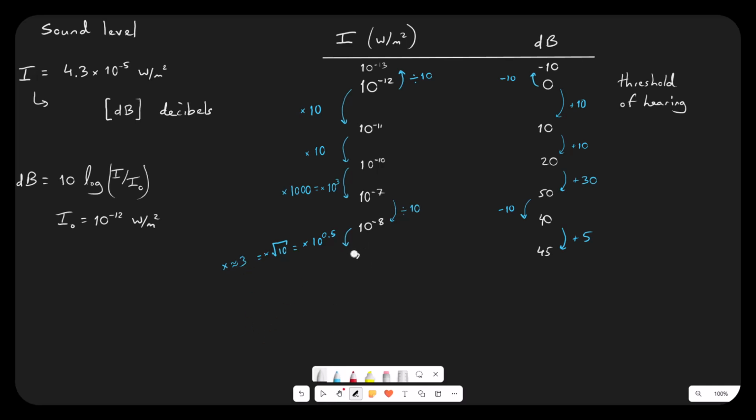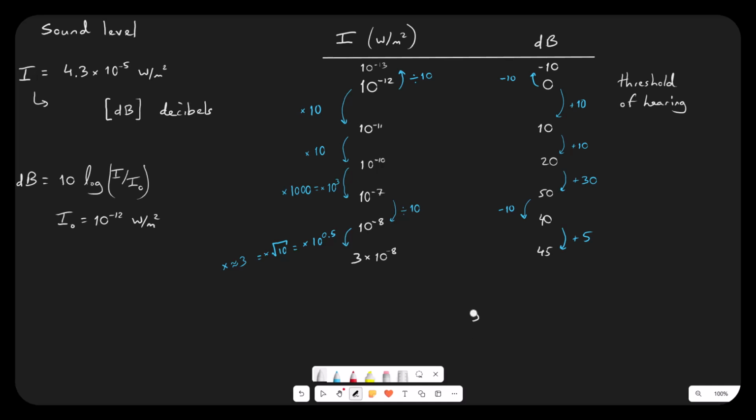So I will have a 3 times 10 to the negative 8th watts per square meter is going to give me about 45 decibels. It's not as exact as plugging into this equation, but the only times that you're going to come across this are going to be with multiple choice questions where the right answer is in front of you. It's good to be able to see a number and recognize where that falls.